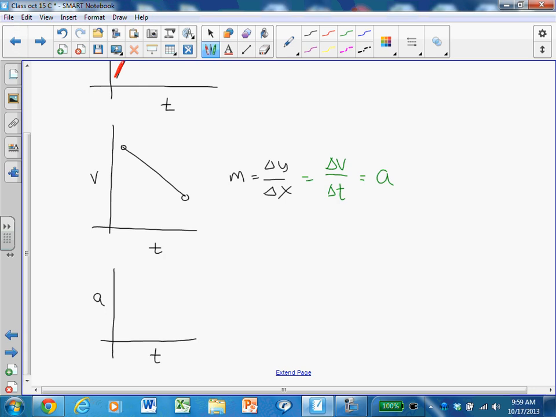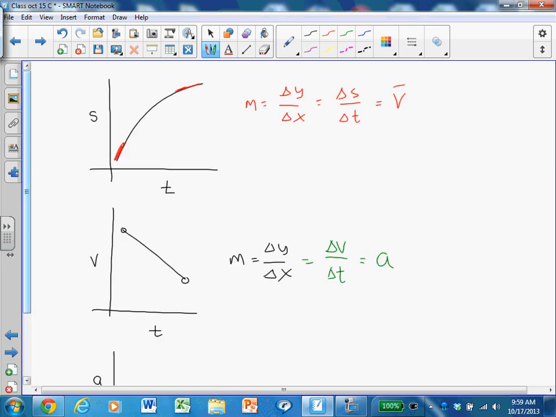So we'll always have horizontal lines for our acceleration. So the slope on a velocity versus time graph is the acceleration.